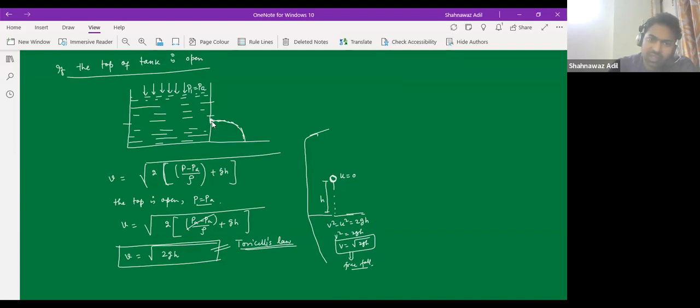This liquid is falling from this tank in this way, right? So what kind of motion is it? Gravitational motion? What is gravitation? A motion which is due to gravity.